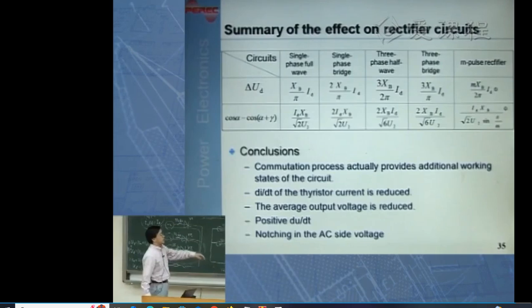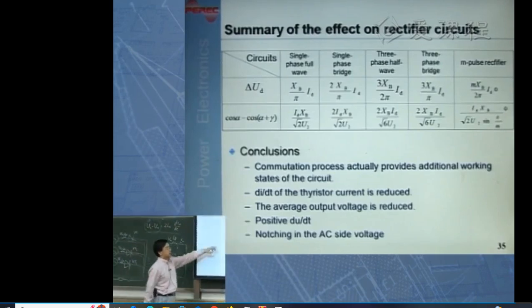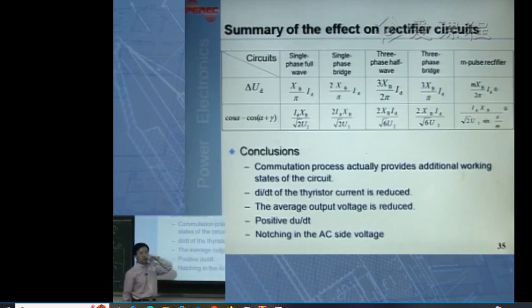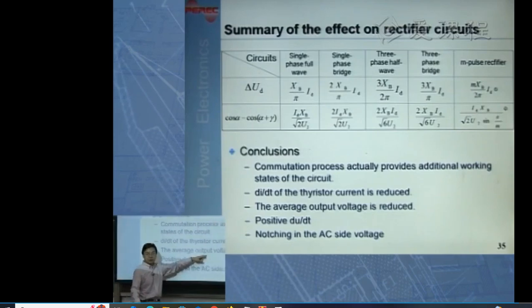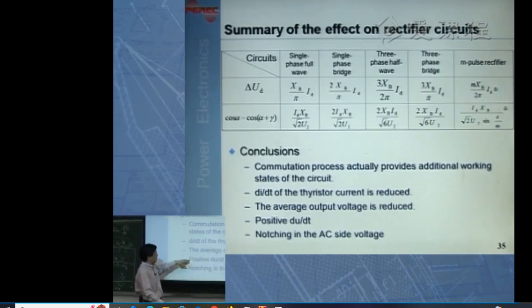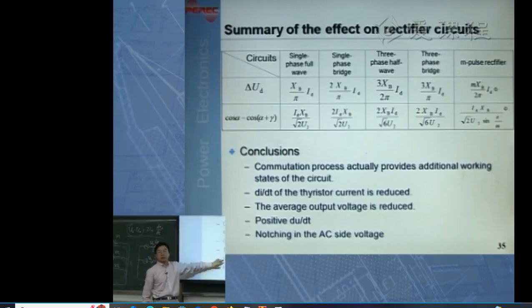Okay? The thyristor current IDT is reduced. It's not going to be an instant change. You need a process. The average output voltage is reduced, and that reduction is proportional to ID, the DC load current. There's another discussion. There will be positive dU/dt appearing, and there will be a notching in the AC side voltage. Those are a little more difficult for you to understand.